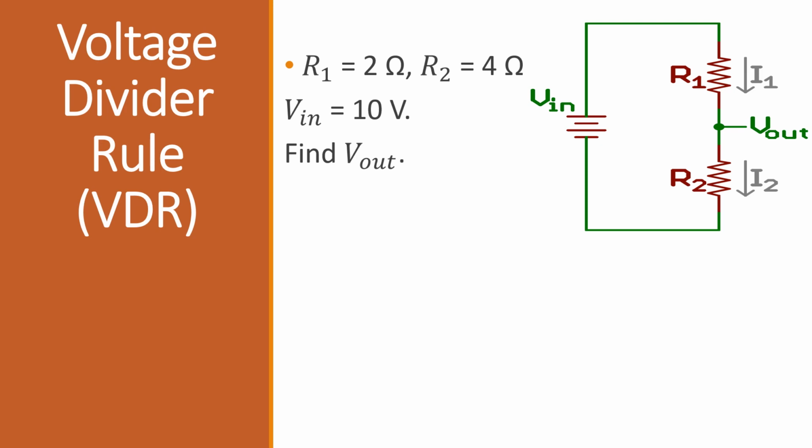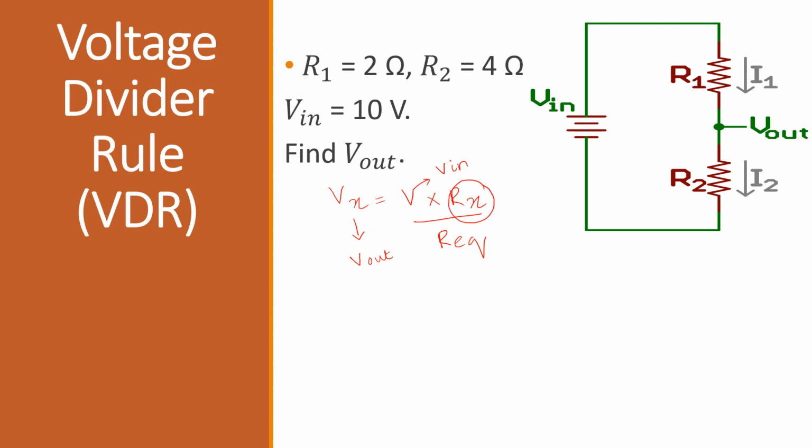From voltage divider rule, we know that Vx is equal to V multiplied by Rx divided by R equivalent. Here Vx is Vout, V is Vin. So how are we going to find this Rx?